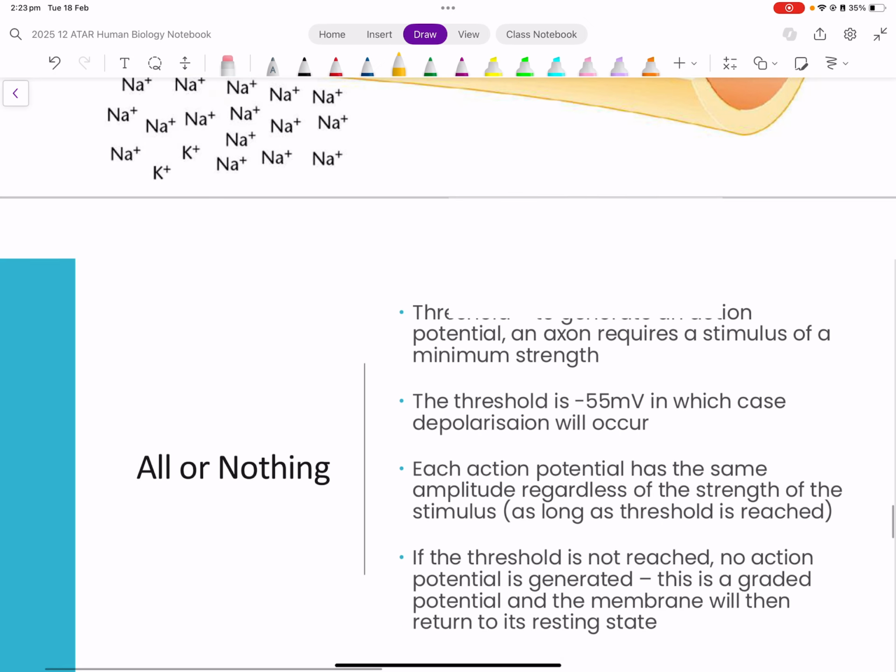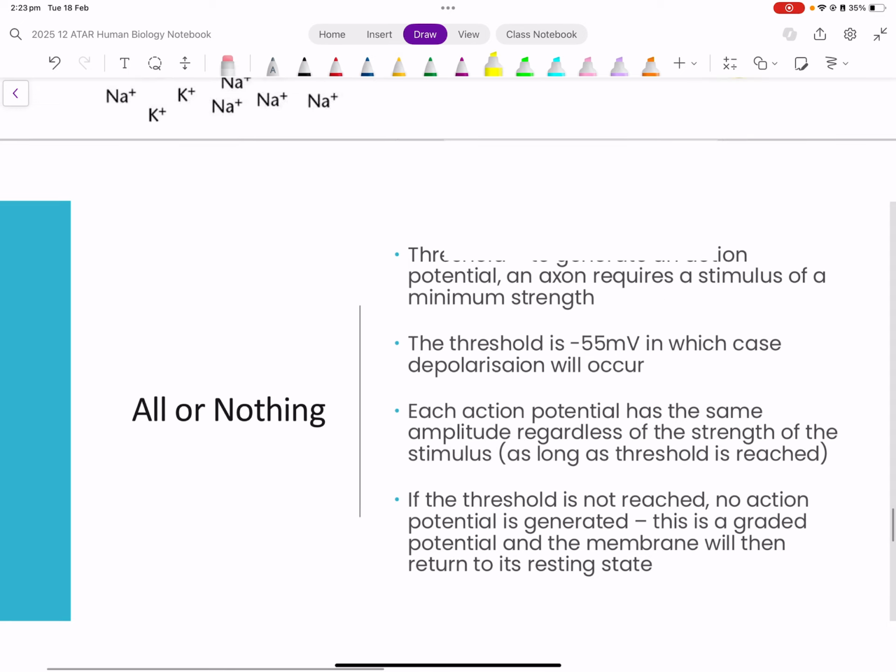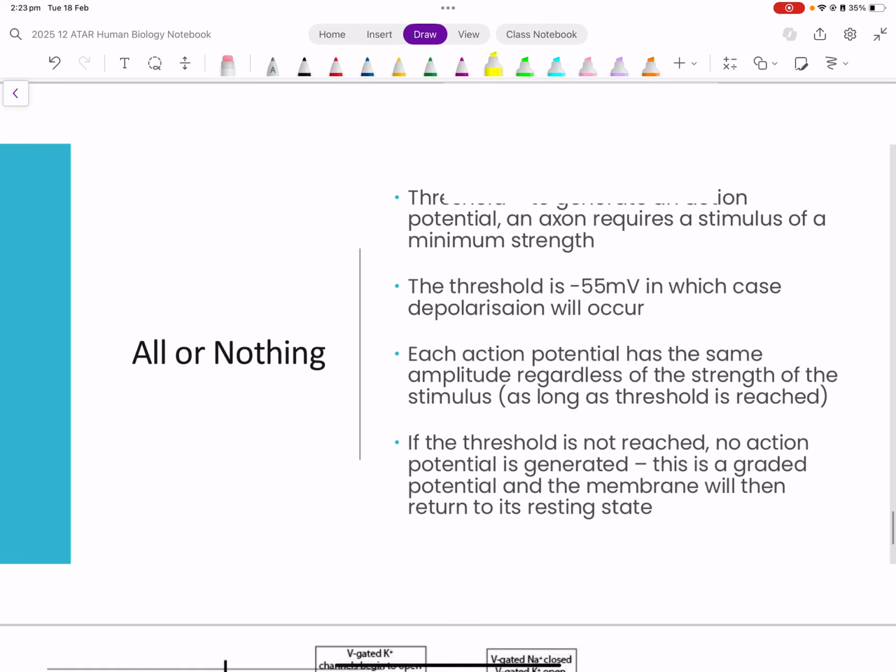So, when we talk about action potentials, there are some important things worth noting. Number 1, the threshold needs to be met. The threshold is always set for us at negative 55 millivolts, and the cell difference must reach this. So sodium is going to gradually flood into the cell. Once it reaches negative 55, then depolarization will occur.